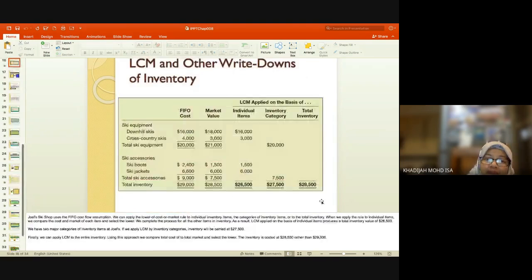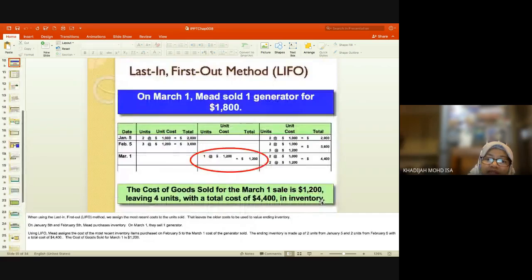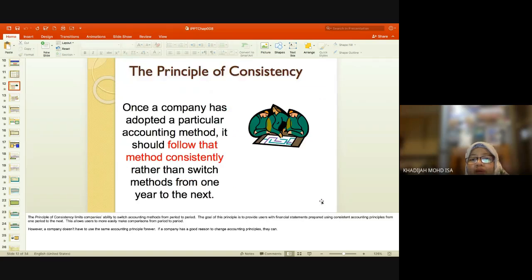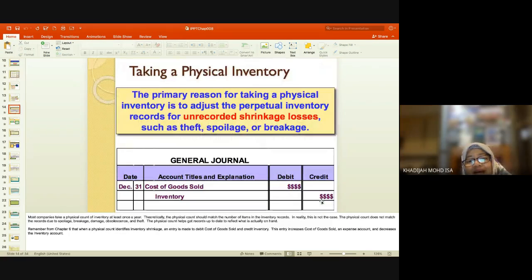So if you talk about perpetual, you will always have this method. You must show me the movement of the inventory, and you show me the cost of goods sold and your closing stock, whether you're using FIFO, LIFO, or average method. You get that? But if you use periodic, you have to take a physical count. Remember, periodic means you do not actually monitor the inventory.